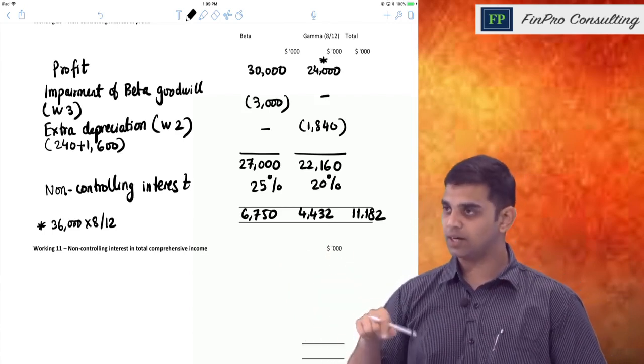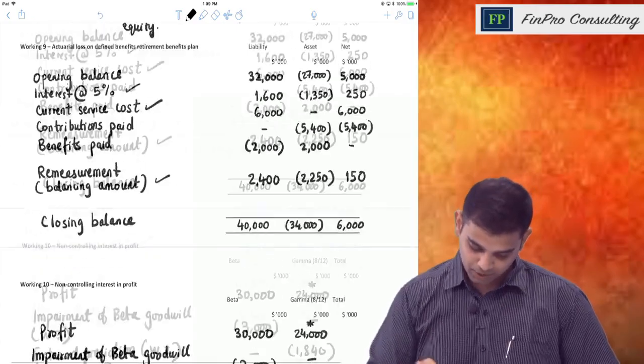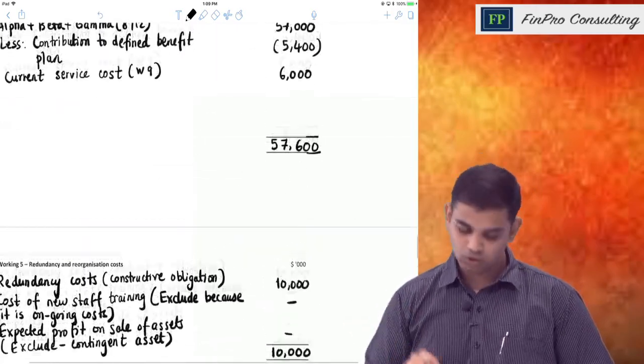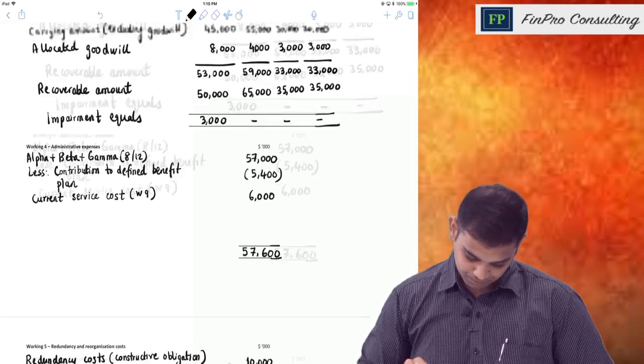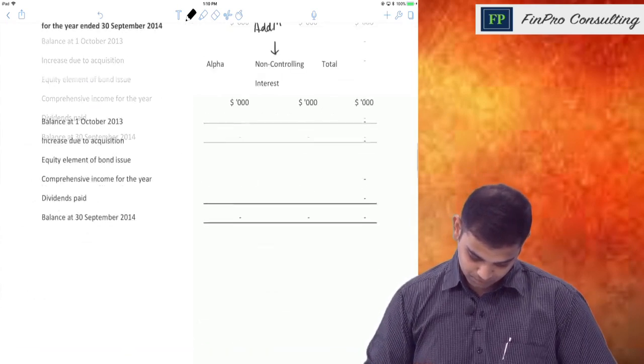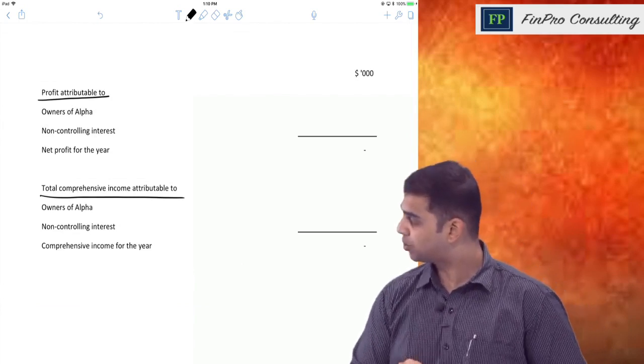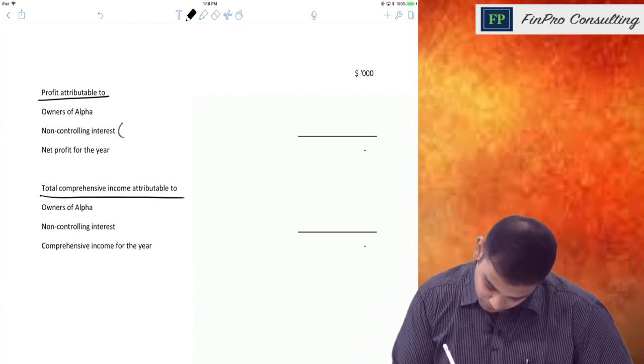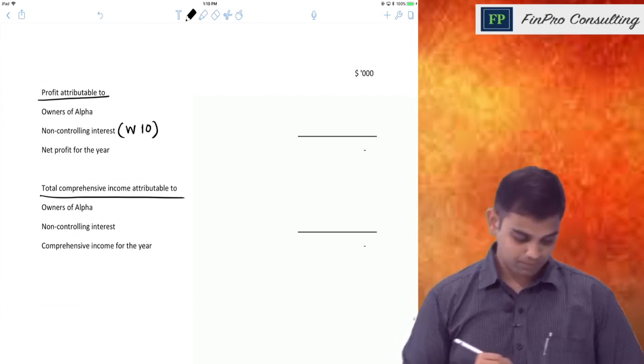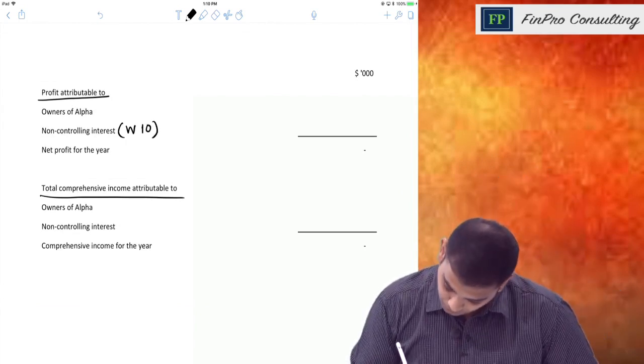Now this 11,182 will be shown where profits attributable to non-controlling interest are shown, coming from working note number 10: 11,182.